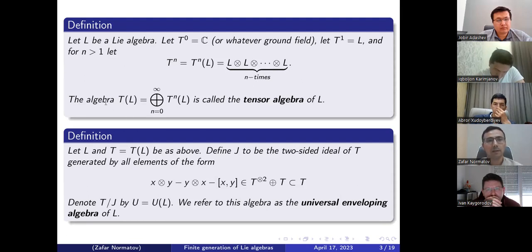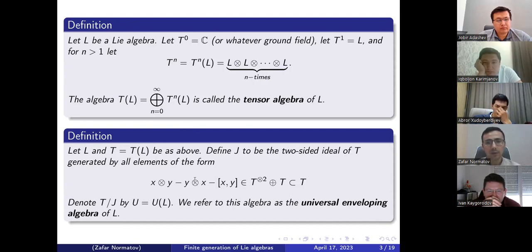The resulting algebra is called the tensor algebra of L. So L is the Lie algebra and TL is its tensor algebra.